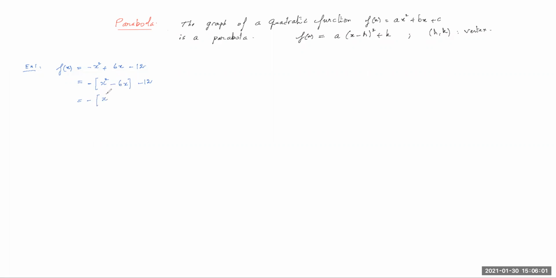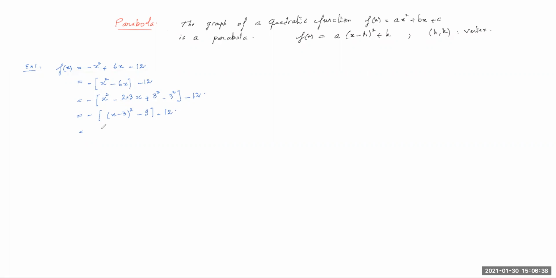I see that if I have x² minus 2 times 3 times x, and I add 3 squared, then I will have an expression like (x minus h) squared. Since I added 3 squared, I subtract it so that I don't change my formula. This is the process of completing the square. Now I have minus (x minus 3) squared minus 9, and minus 12.